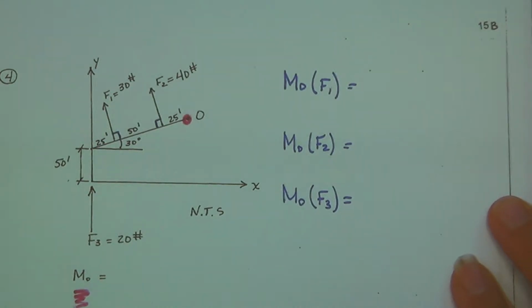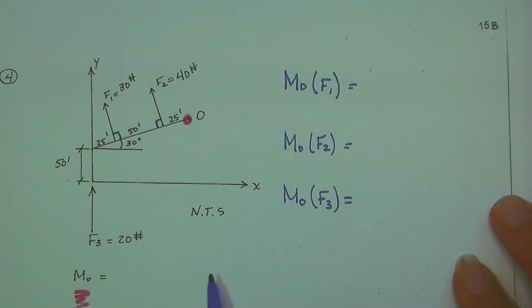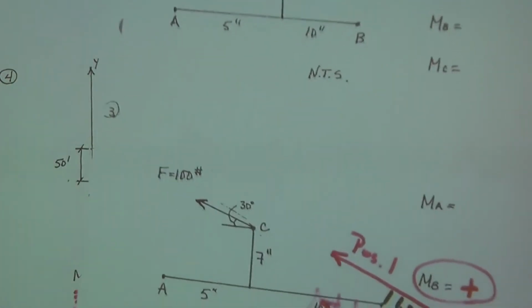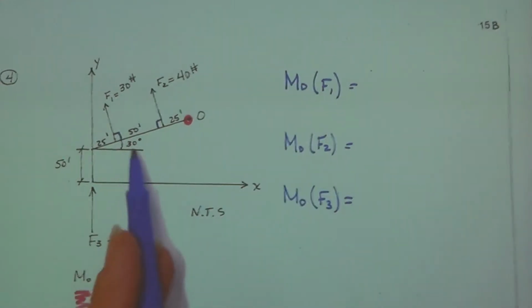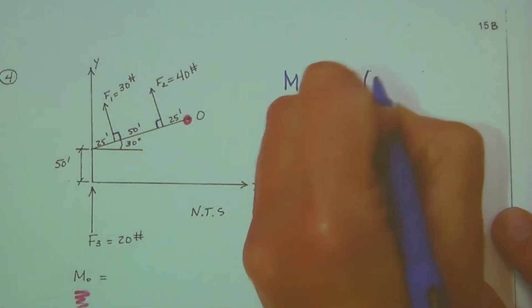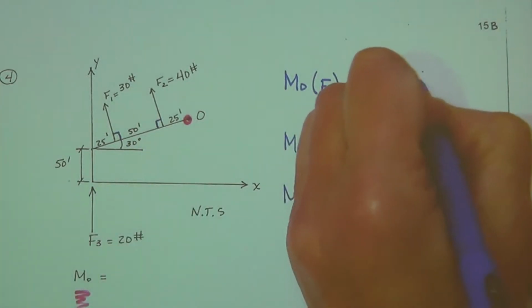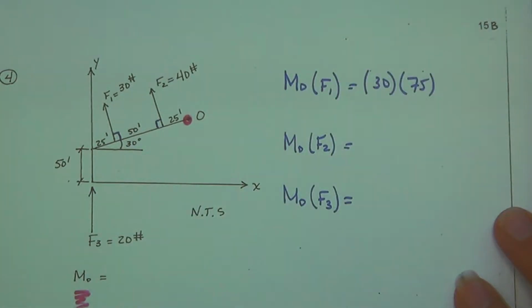No. I did, but I started for some reason with F2. Okay, so in the end, do you think we should break F1 into components, or are we given the perpendicular distance? We're given. So in this problem, we weren't given the perpendicular distance, so I wound up breaking it up into components, but here, F1 is 30, and the perpendicular distance is 75, right?